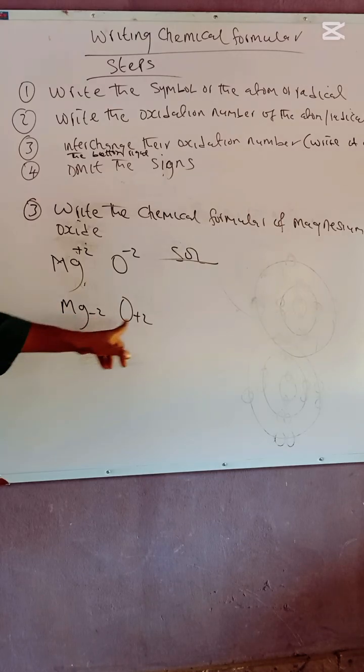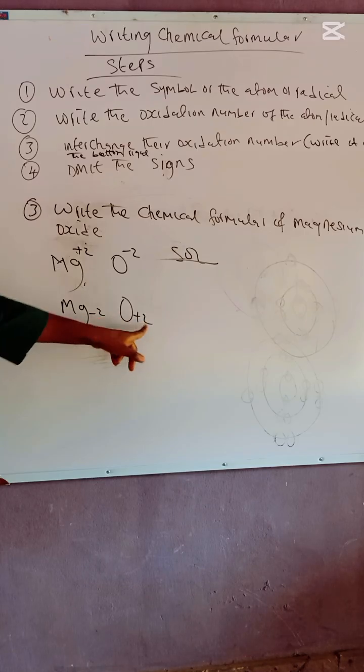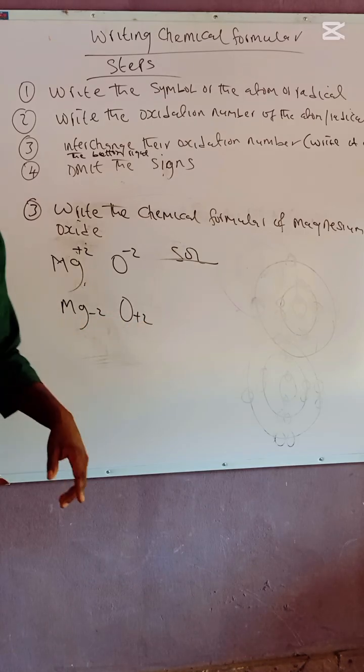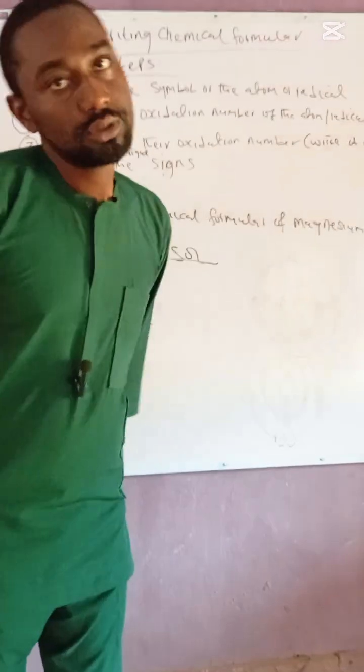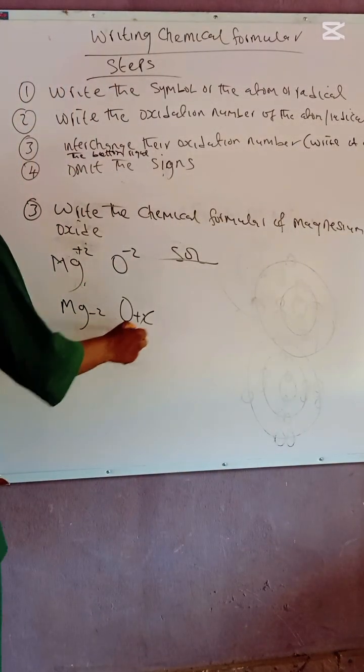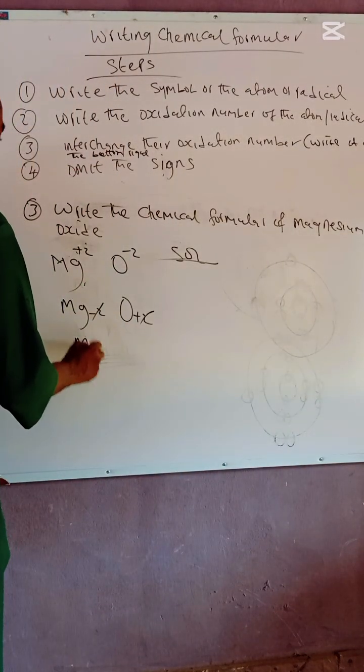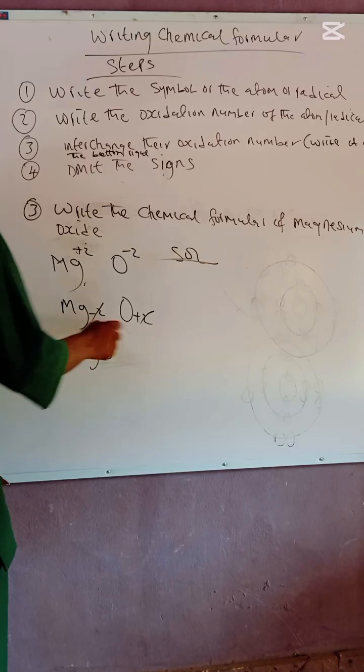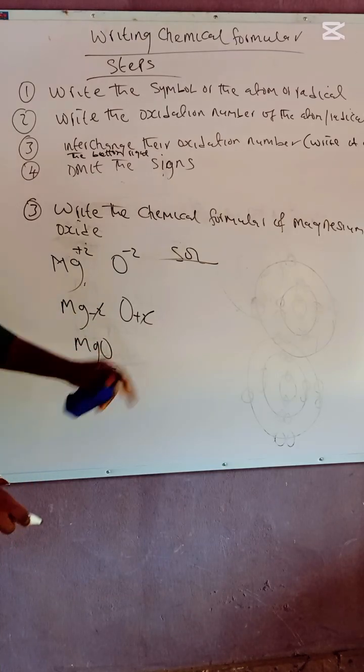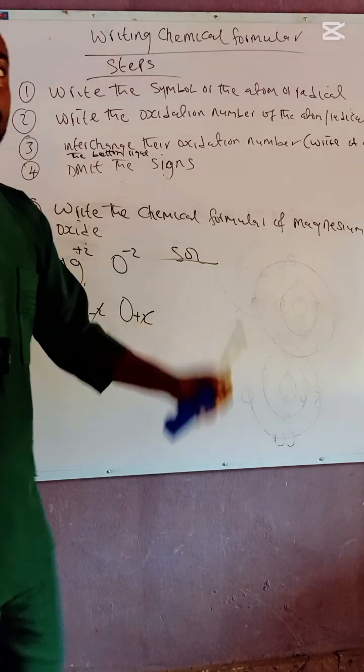Since the oxidation number na the same thing, 2, this one na minus, this one na plus. 2 minus 2 no be 0. Na 0, they don cancel themselves. So you get MgO. You don see say they don cancel themselves. It's simple, abi you know see? It's simple. Alright.